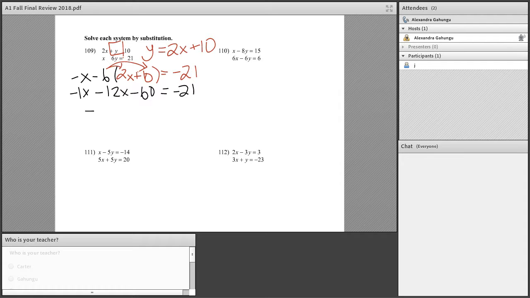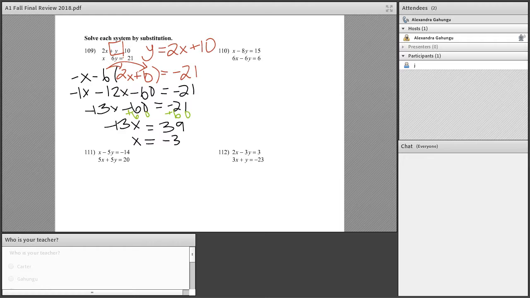And that's a 1 right here, so it's like negative 13x minus 60 equals negative 21. And I'm going to add 60 to both sides. Negative 13x equals 39. So x in this case is negative 3.